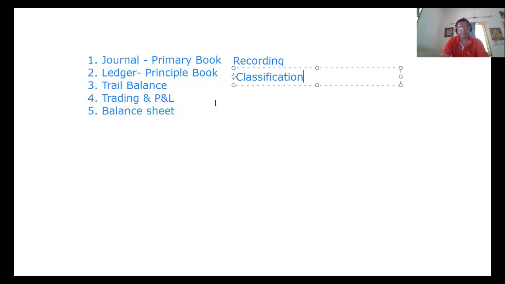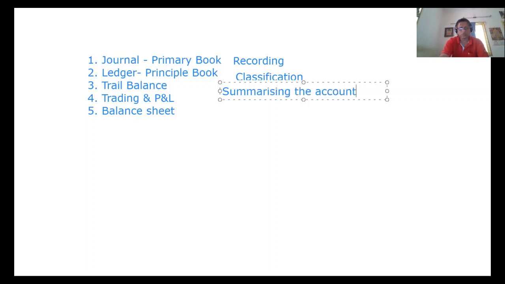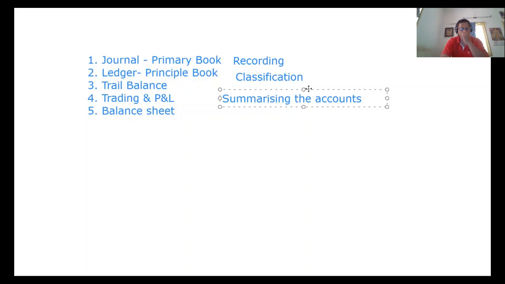And we have a trial balance. Trial balance gives the summary. Trial balance, trading and P&L are all recording, classification, and summarizing of the accounts, right? So that's what your trading and P&L and balance sheet are giving. So recording, classifying, summarizing that financial transaction, we call it accounting, right?